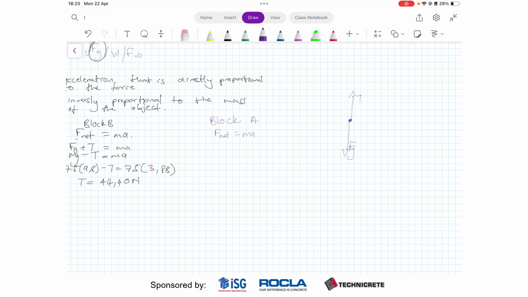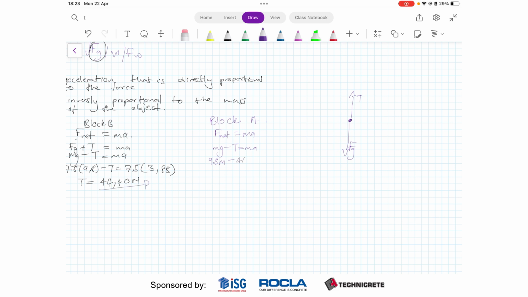So that tells you that mg minus T equals ma. But in this case, we don't know the value of m. Right? So this is going to be 9.8 m minus, now the tension we've already calculated to be 44.40 newtons.